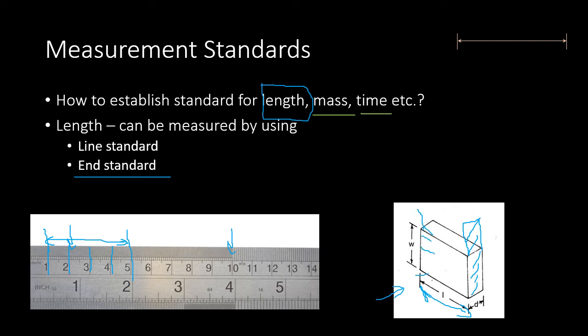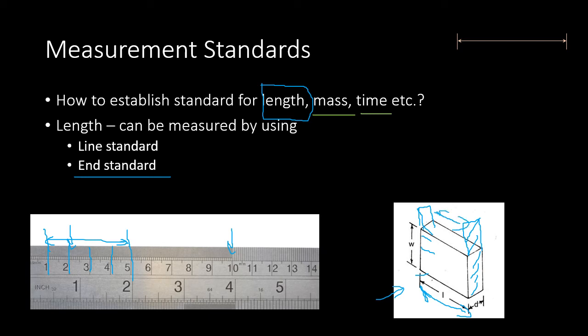Those two parallel faces or planes are simply the surfaces of the rectangular block. So the distance between the end surfaces of this rectangular block is the required length.